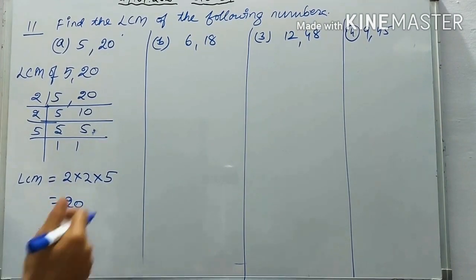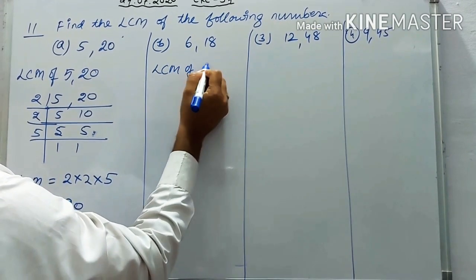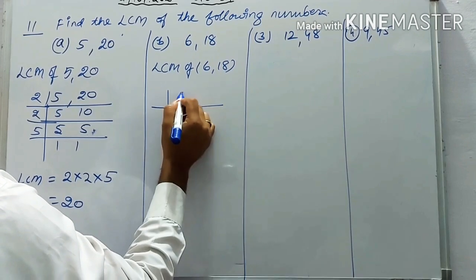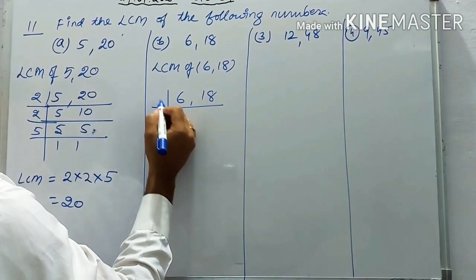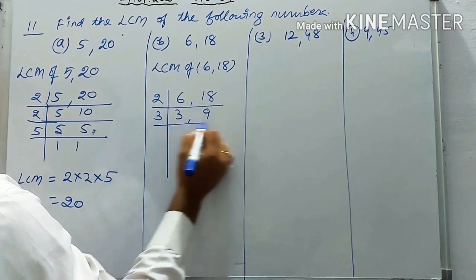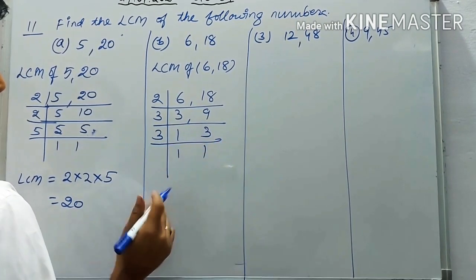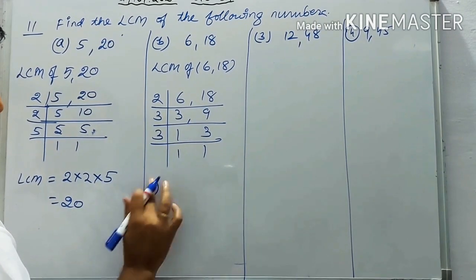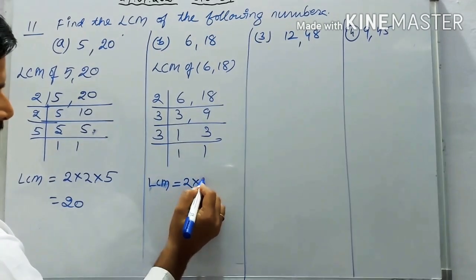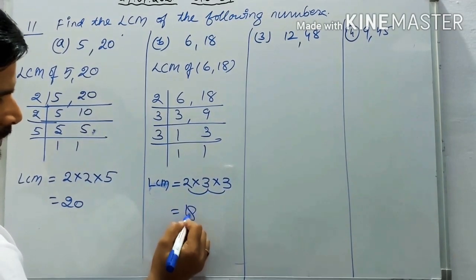Okay, the next is the LCM of 6 and 18. 6 becomes 3, 18 becomes 9, 3 becomes 1, 9 becomes 3, and then 1 and 1. Now the LCM is 2 into 3 into 3, 3 3 is 9, 9 2 is 18.